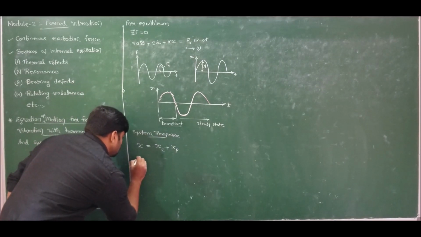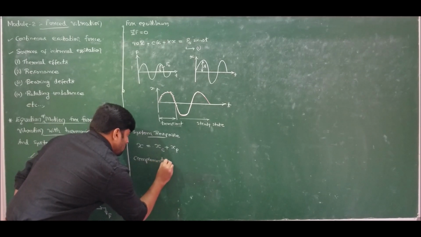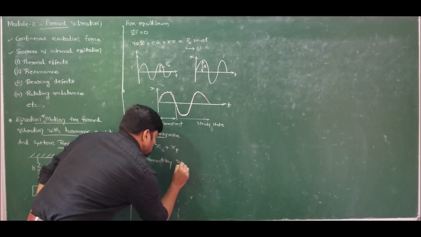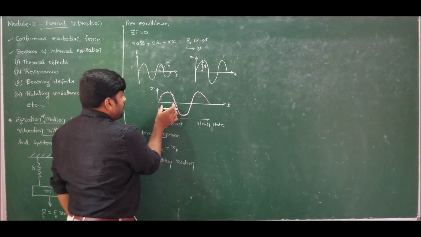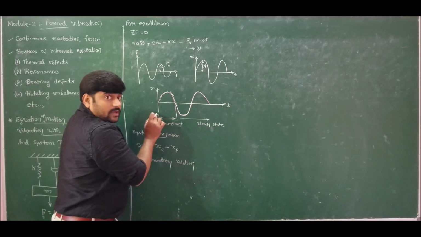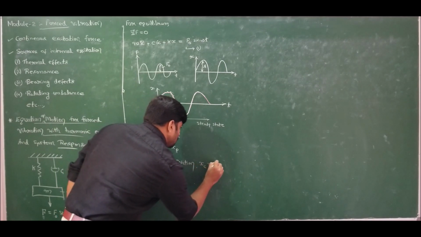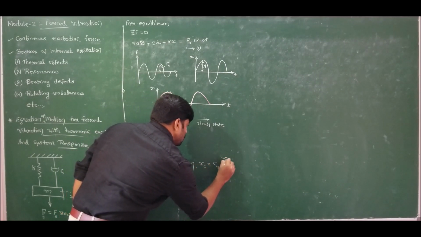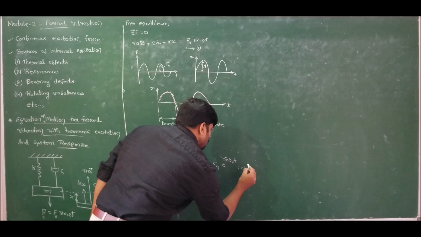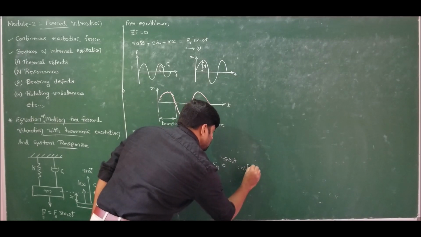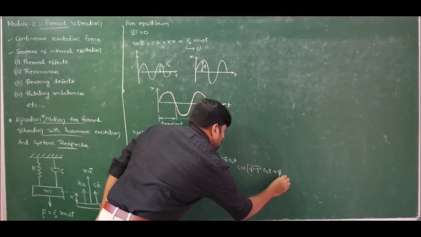The complementary solution, that is for the transient part, which vanishes after a certain amount of time, which is nothing but damped free vibration, is given by x c is equal to C4 e to the power of minus zeta omega n t cos of omega d t plus phi 2, where omega d is the damped natural frequency, given by square root of 1 minus zeta square into omega n.